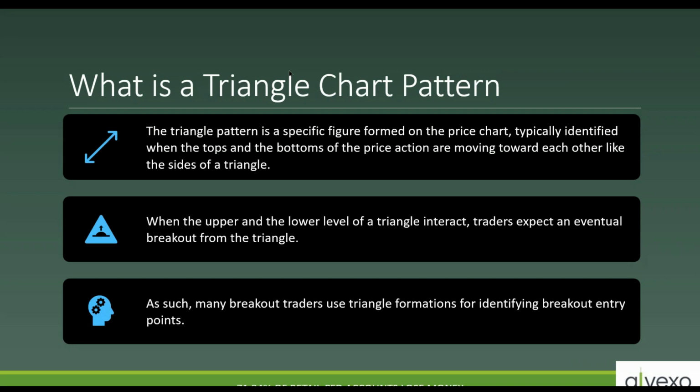When the triangle pattern appears, it is specifically formed on a price chart. They're typically identified when the tops and the bottoms of price action are moving towards each other, like the sides of a triangle. So whether we have a triangle moving that way and price moving to the apex this way, whether we have a triangle and the price is moving to the apex this way, whether we have a triangle that's moving this way and the price is moving into the apex that way, they're all triangles.